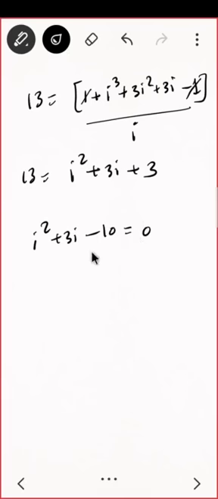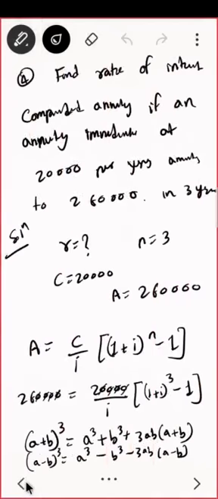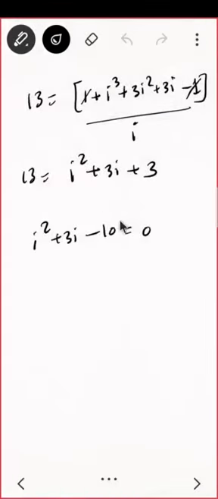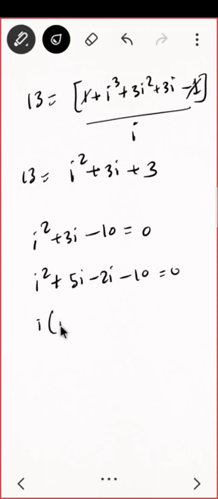Tell me two factors of 10 such that the difference is 3. 5 and 2, yes. So this is I square plus 5I minus 2I minus 10, because 5 minus 2 is 3I. So I common here, I plus 5, minus 2 common here, I plus 5 again. So you are having two values, I equal to minus 5 and I equal to 2.